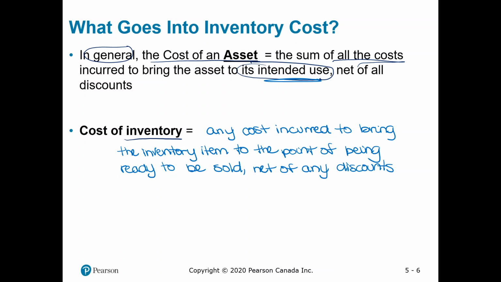All of those costs will get added into the cost of the inventory itself. Once the item is ready, on your shelf and available to be sold, any costs related to it after that would be expensed. They no longer go into the cost of the inventory. So it's only getting it ready to be sold.